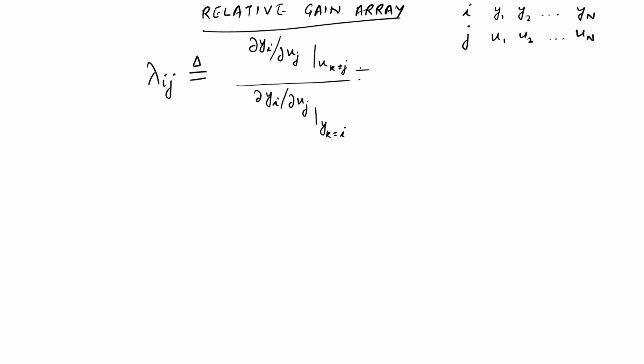So in plain English, this means all other inputs constant, and in plain English what this means is all other outputs constant.